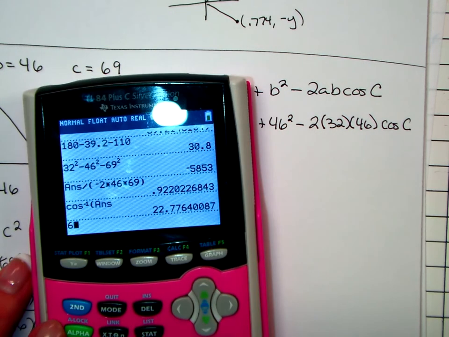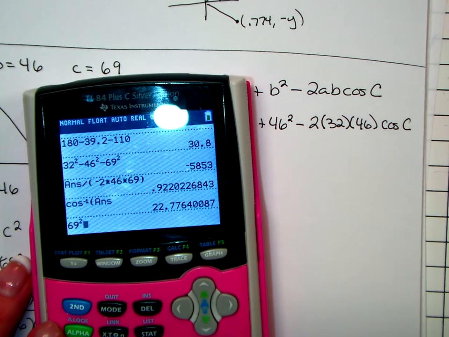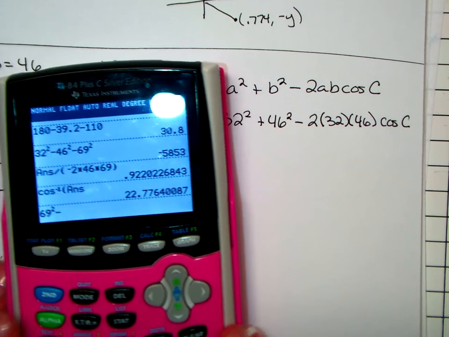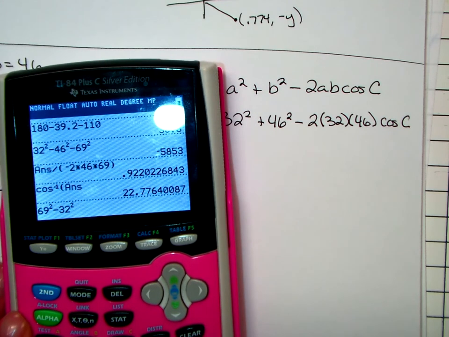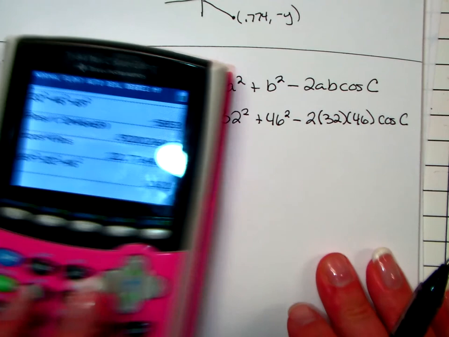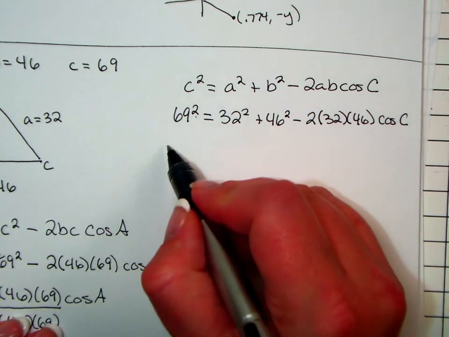Right, so let's do 69 squared minus 32 squared minus 46 squared and get 1621.